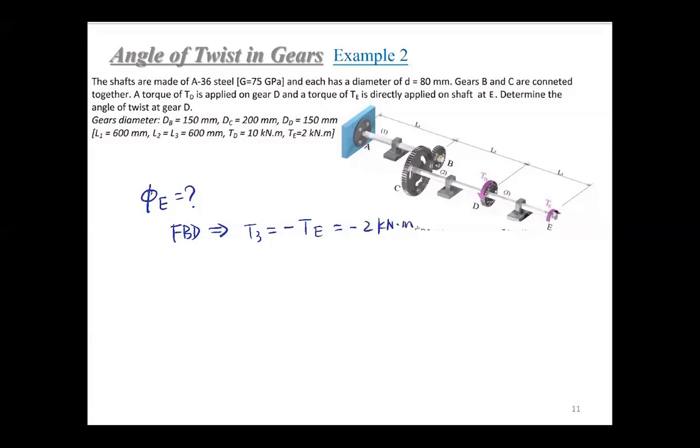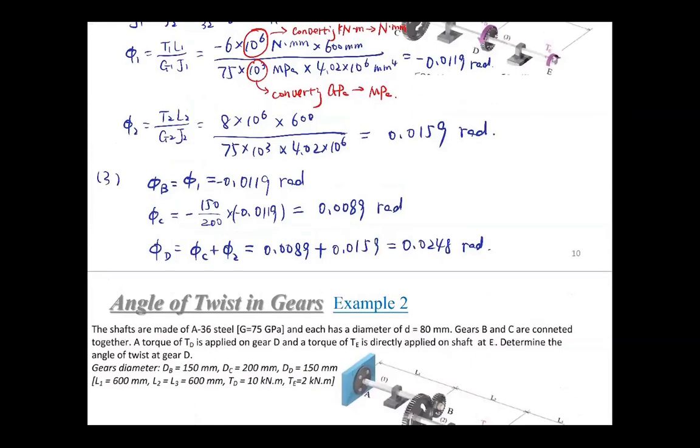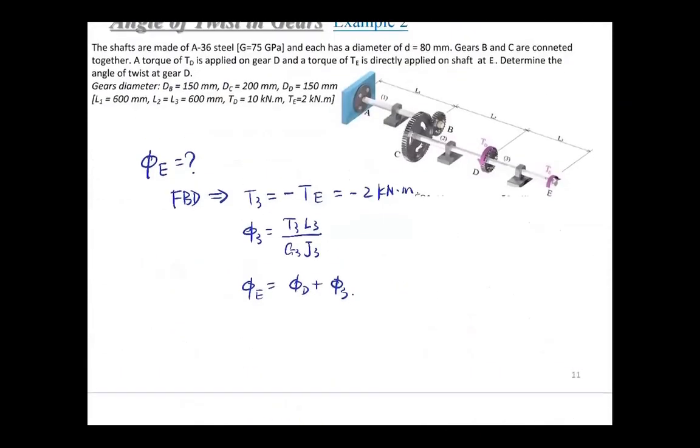Then phi 3 can be calculated, just T3 L3 over G3 J3. Then phi E equals phi D plus phi 3. Phi D has been determined in this third step. Then you can get phi 3 and phi E.